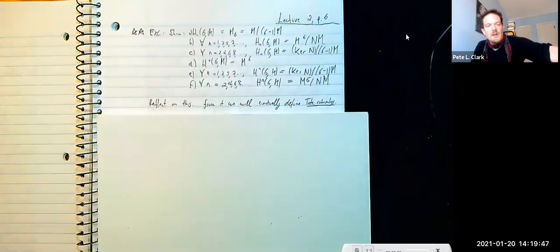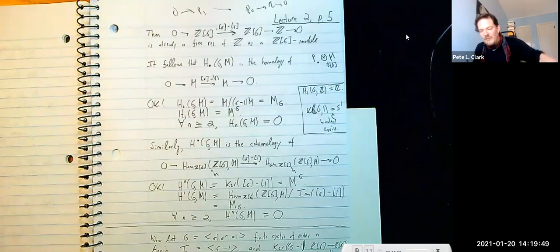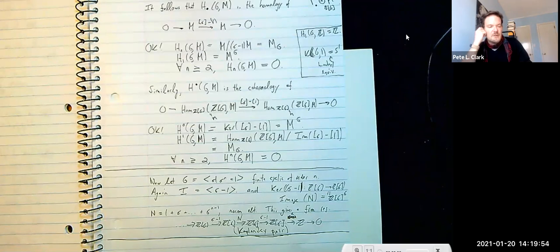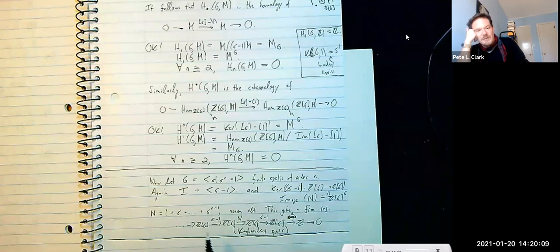Okay, and so now we come down to an exercise. All you have to do is the same thing. I've given you a free resolution. Once again, you see that it's going to work out basically the same way. So to take the homology groups of M, H lower bullet G of M, I should take this free resolution and tensor it with M. Much of this is the same as before.